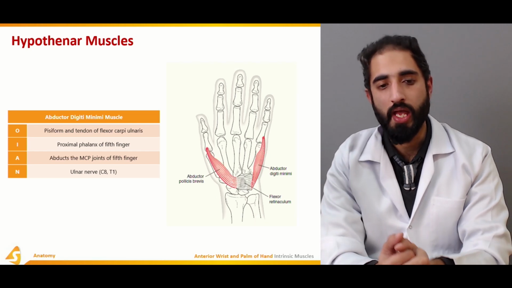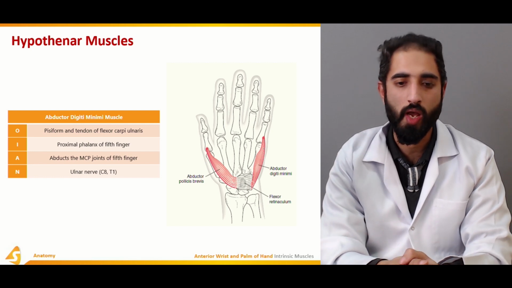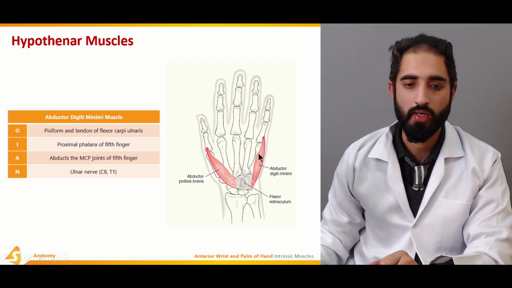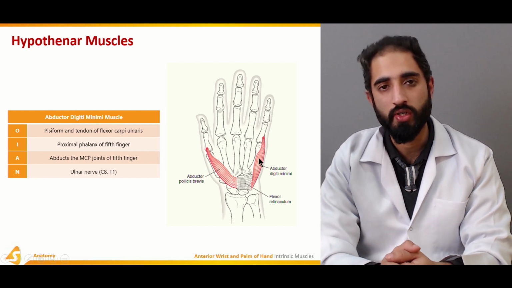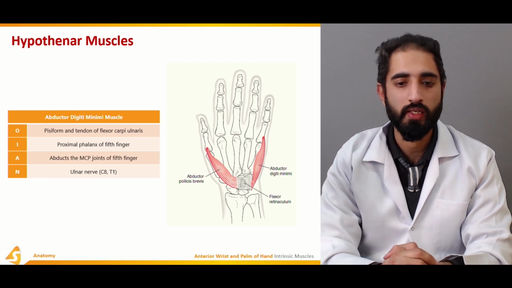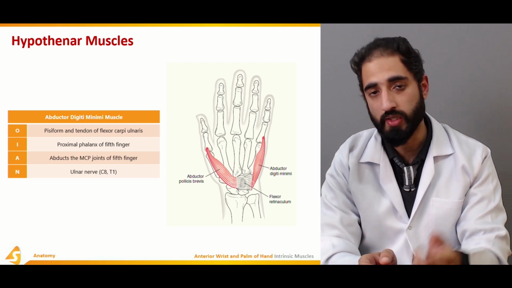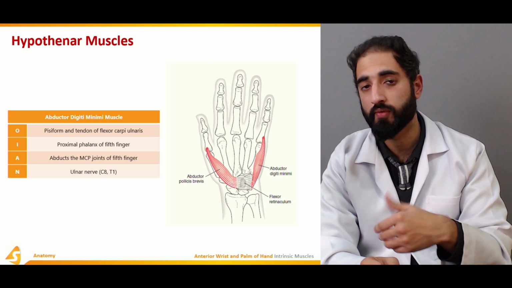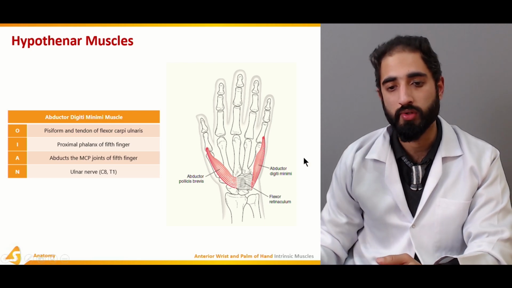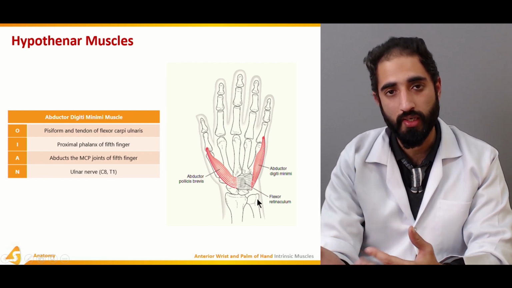The other is the abductor digiti minimi, similar to the abductor pollicis brevis. The function is to abduct the metacarpophalangeal joint of the fifth finger, as you can see here, and the origin is once again from the pisiform and the tendon of the flexor carpi ulnaris. Flexor carpi ulnaris is one of the extrinsic muscles, arising from the medial epicondyle, and it comes here and acts as a flexor of the wrist, also causing ulnar deviation at the wrist.